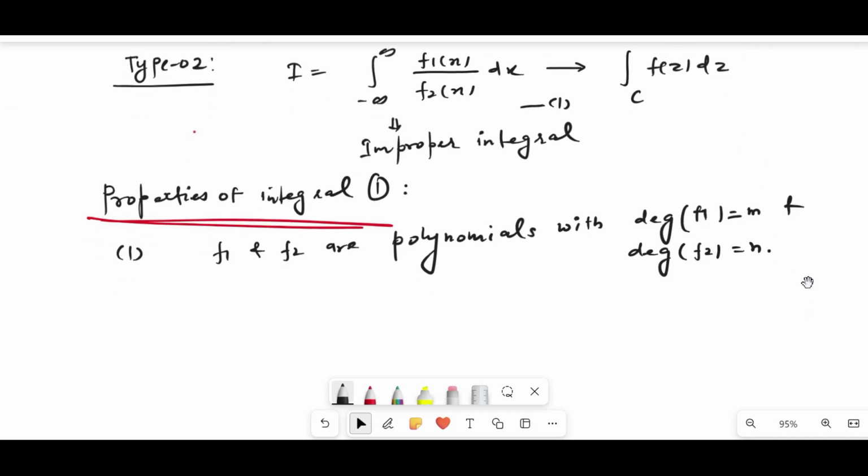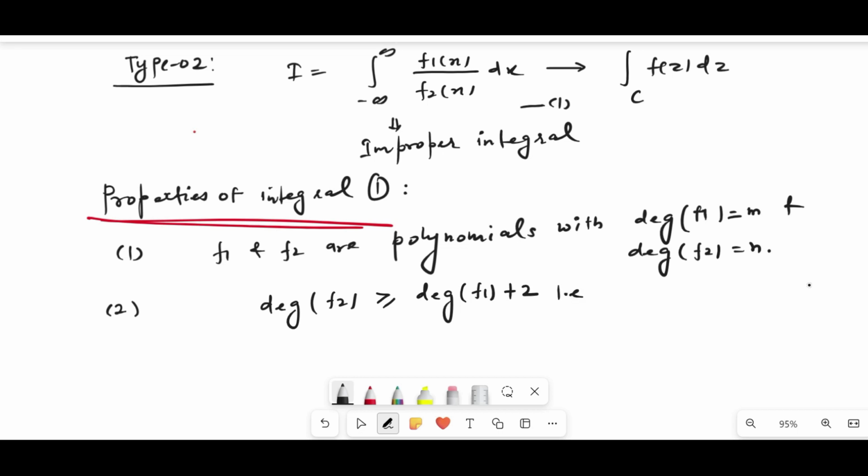And now the second property: the degree of f2 is always greater than or equal to the degree of f1 plus 2.